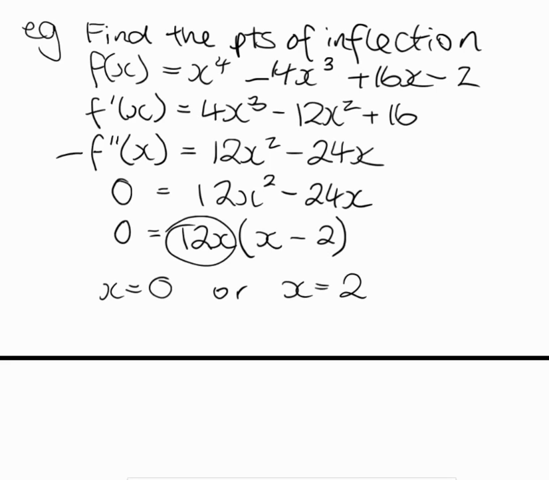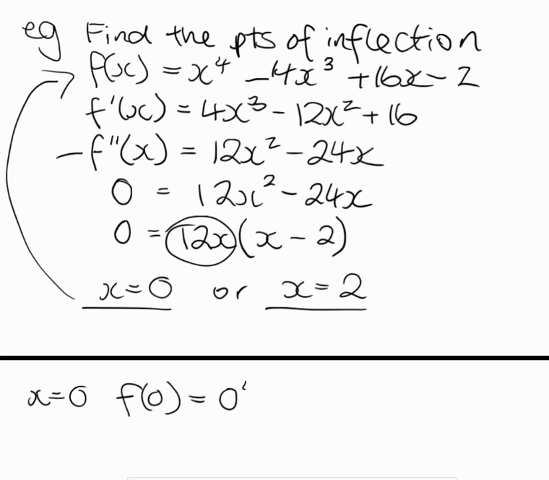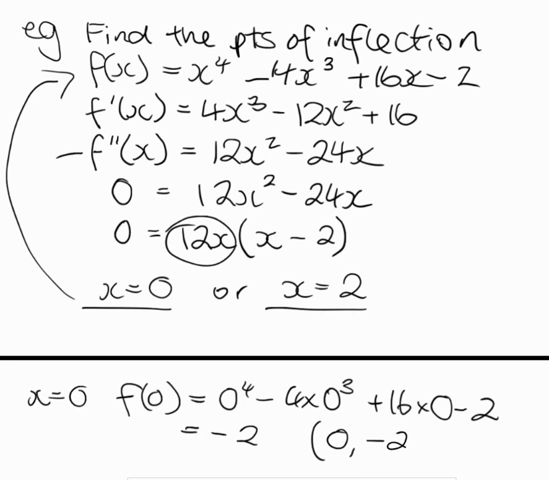So we've got 2 points of inflection there. Of course, you need to find out what your y values are, so you substitute both of your x values back into the original equation. So if we've got x equals 0, f of 0 equals 0 to the power of 4 minus 4 times 0 cubed plus 16 times 0 minus 2. That gives minus 2. So that's one of our points.